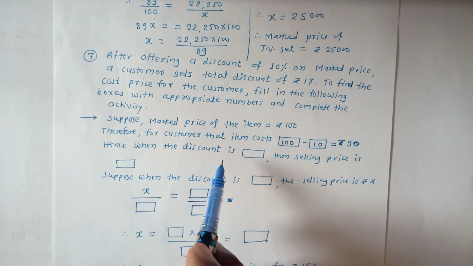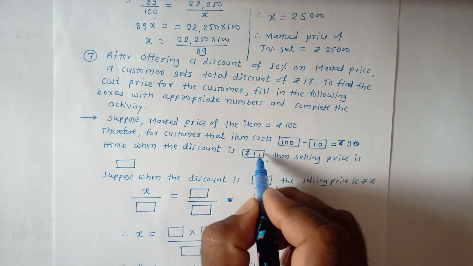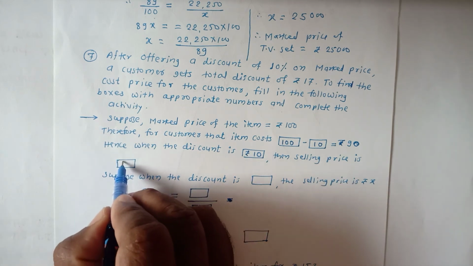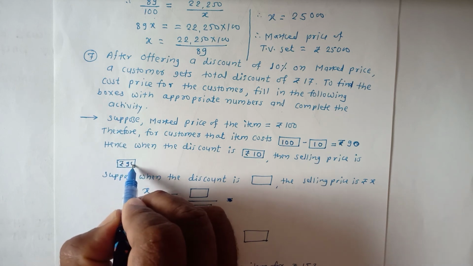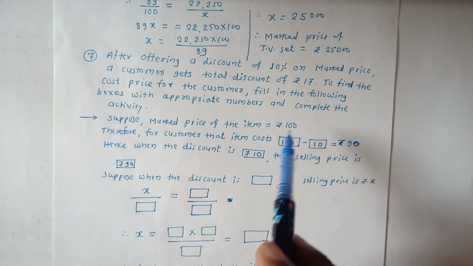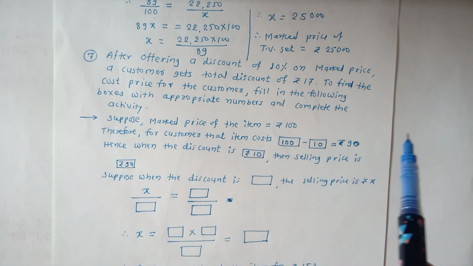Hence when the discount is rupees 10, then the selling price is rupees 90. If we take the mark price 100 and discount is 10 rupees, then the selling price will be 90 here.